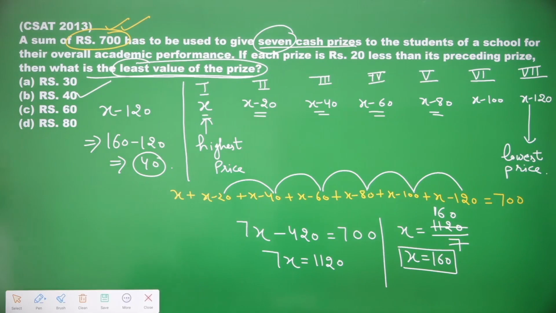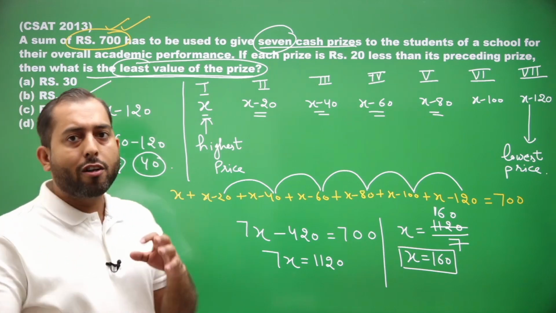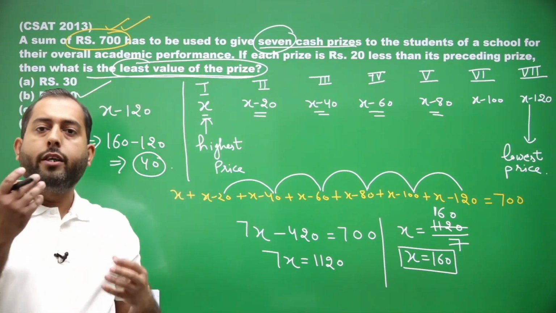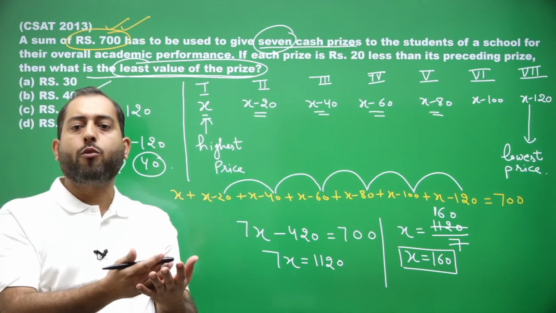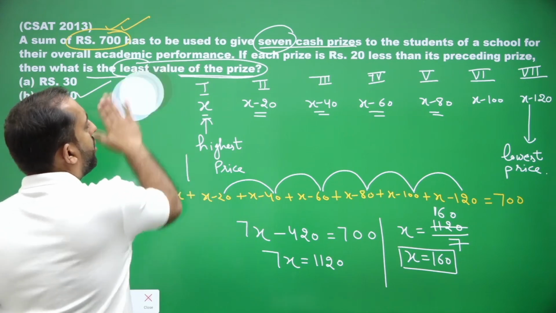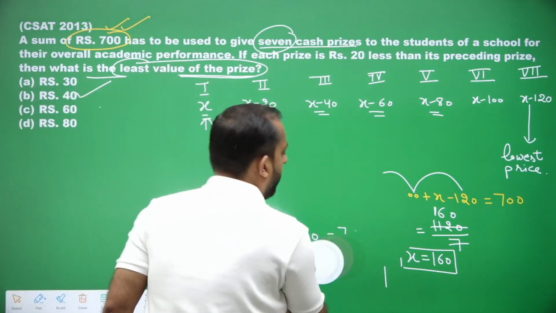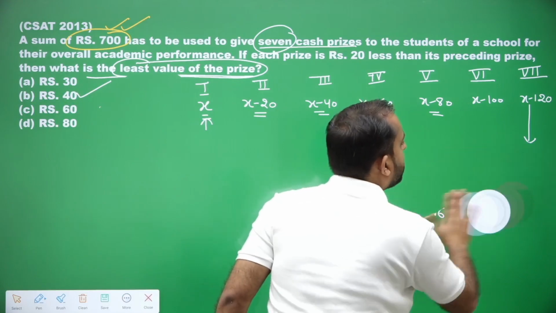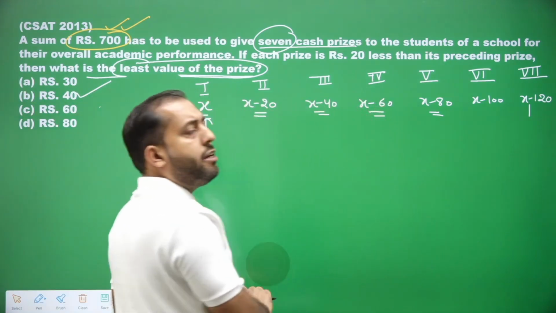Okay. Now, whatever method you use for solving a particular question, there is a crux of the question that remains constant. The crux for this question is that the next price is 20 less than the previous price.